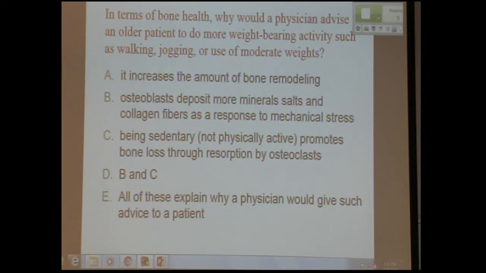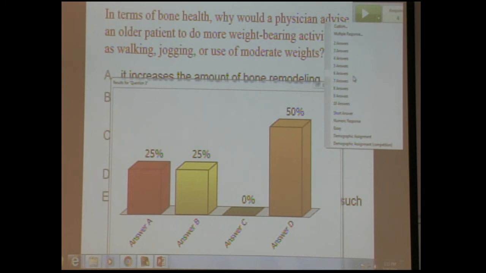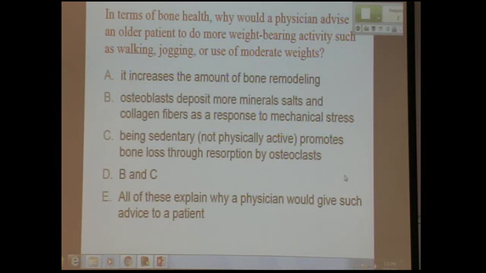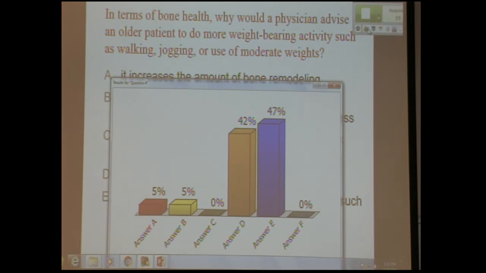Oh, whoops. Let's put it back up to 6 like it should be. All right, so when you chat with your group there, looks like we're tied between D and E there.